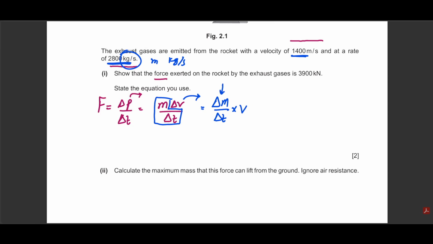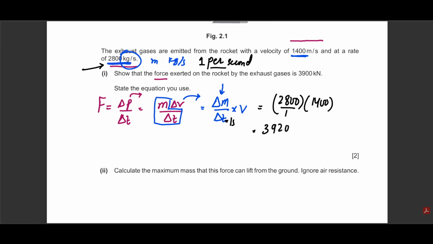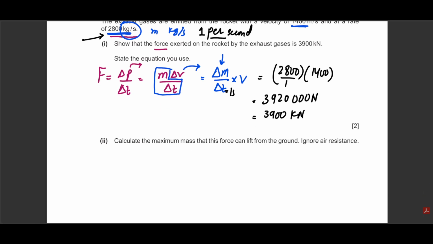Otherwise, we could have directly multiplied 28 with 1400, because when we say 28 kilograms per second, it means this is being divided by 1 second, since per means 1. So very straightforward. The value comes out as 3920000 newtons, which can be rounded off as 3900 kilonewtons. So we've shown the part.